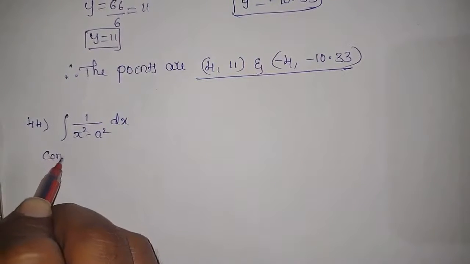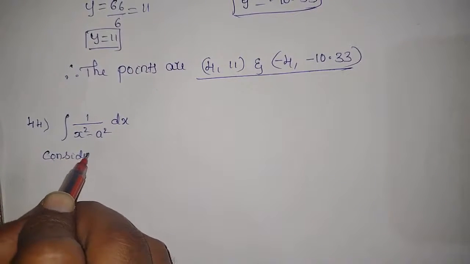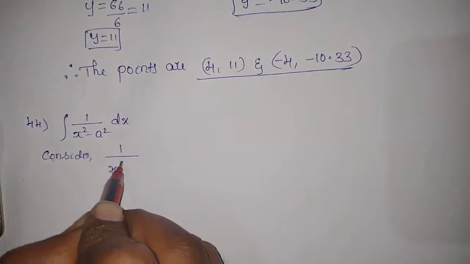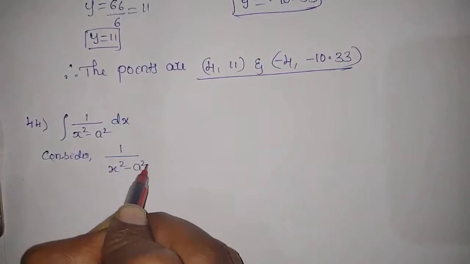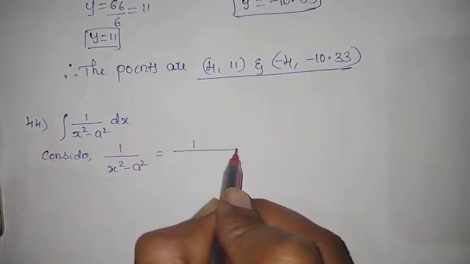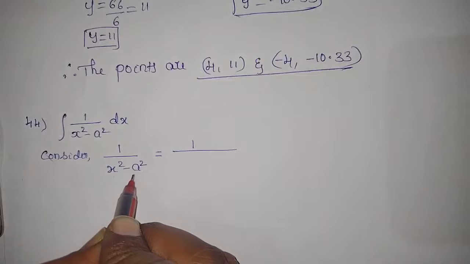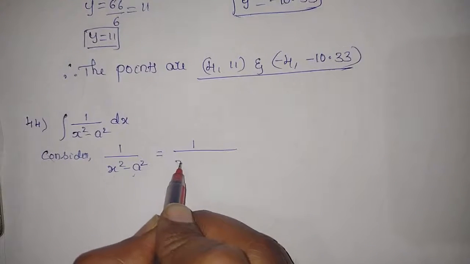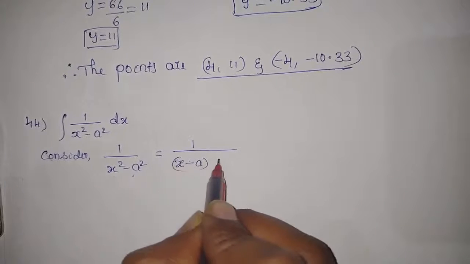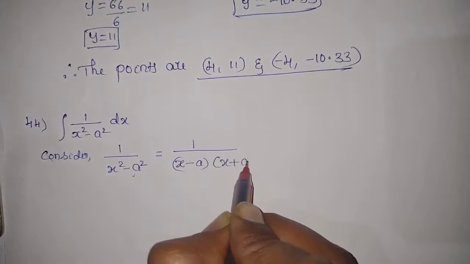Consider 1 divided by x square minus a square. It is in the form of a square minus b square, which can be split into x minus a into x plus a.